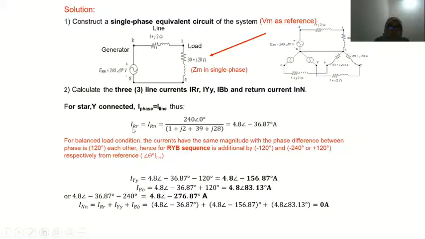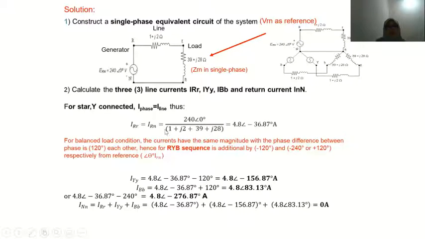So here you have to find only your IRN. Your IRN is your phase current, so definitely you will get your line current IRR here, since, I repeat again, this circuit is Y connected.